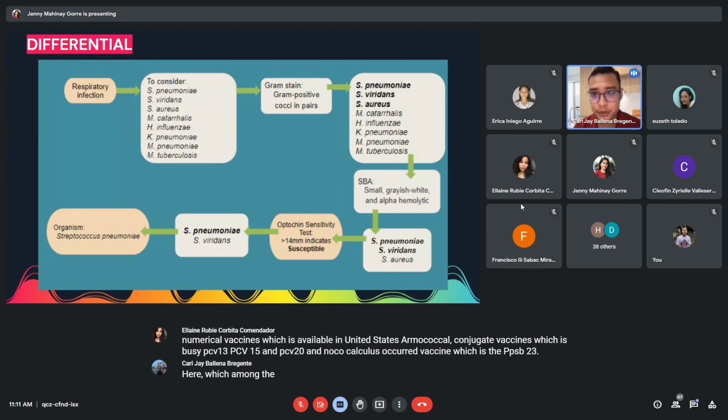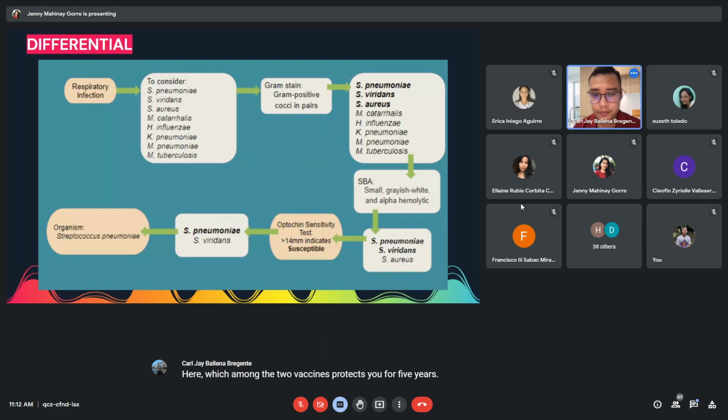Which among the two vaccines protects you for 5 years? PPSV23, sir. Okay, good.